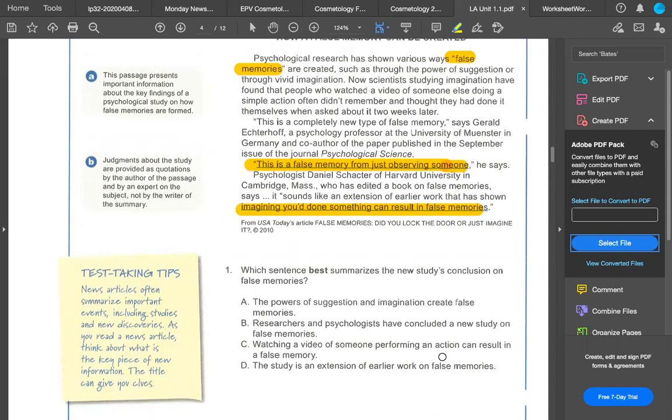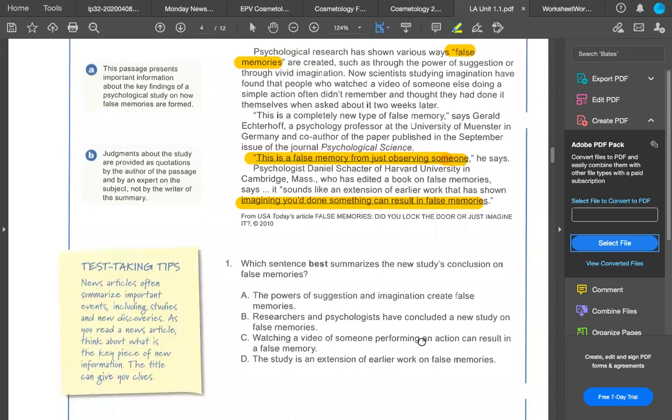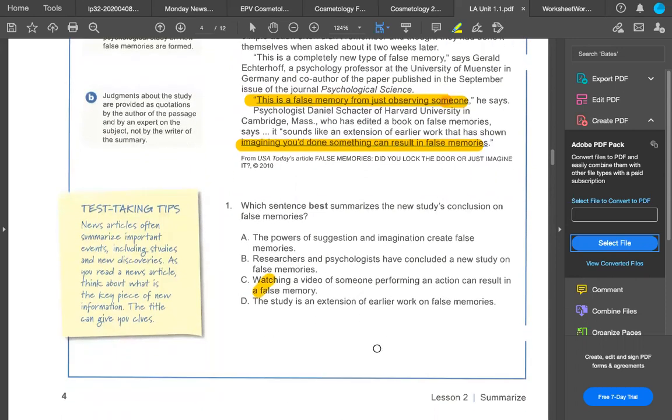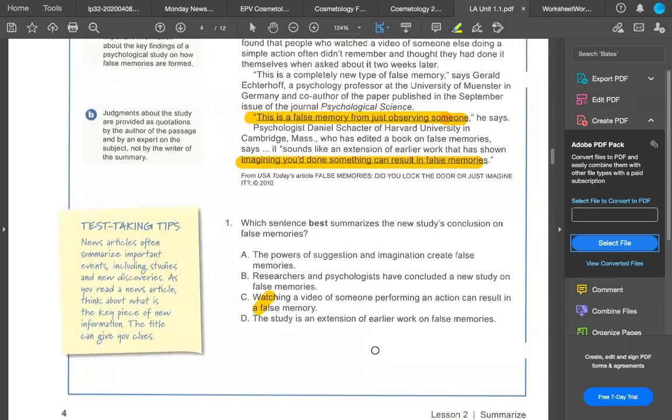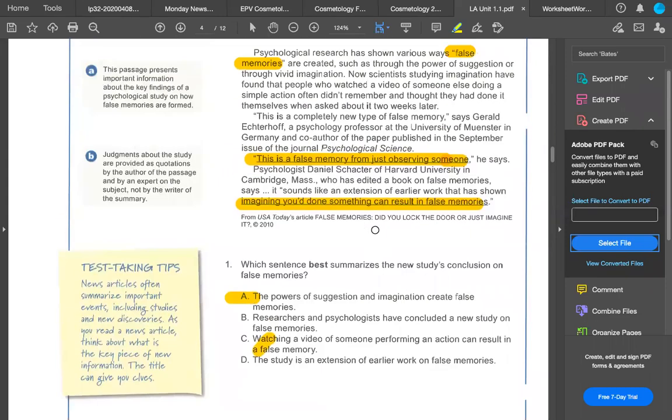What do you guys think? I think this is a detail. I think A. You're thinking A. I think A does kind of sum it up there.